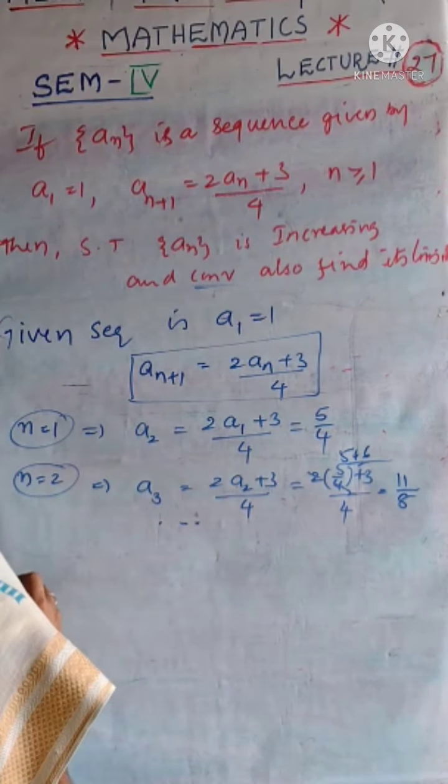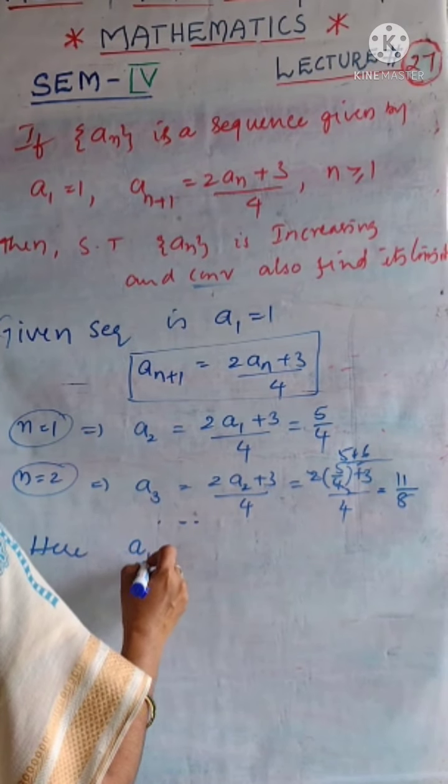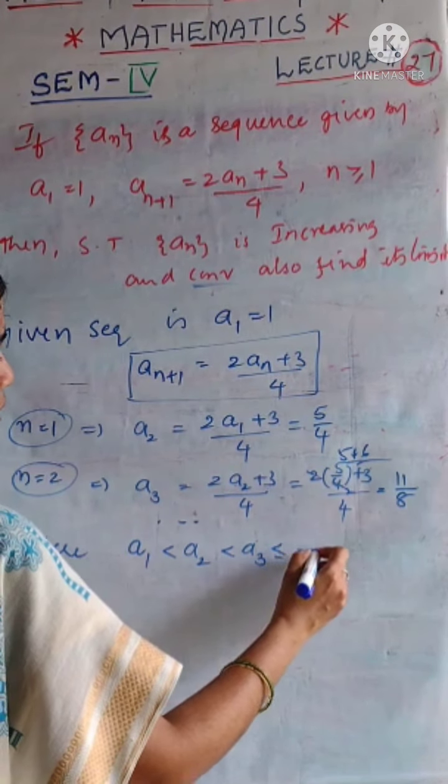And so on. Which means that here we observe the relation a1 < a2 < a3 and so on.